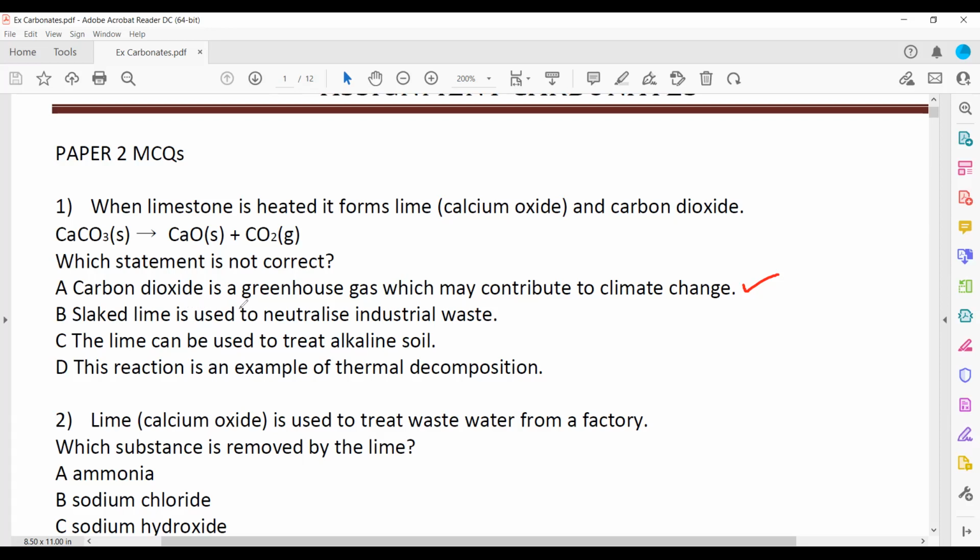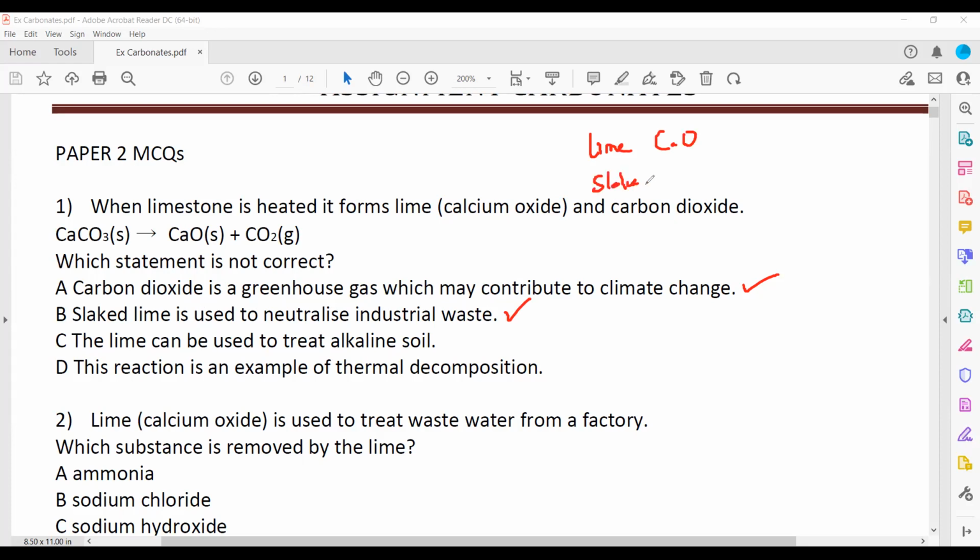Slaked lime or calcium hydroxide is used to neutralize industrial waste. Yes, that's true. The lime can be used to treat the alkaline soil. That is wrong, because when we use the term lime, it means calcium oxide.